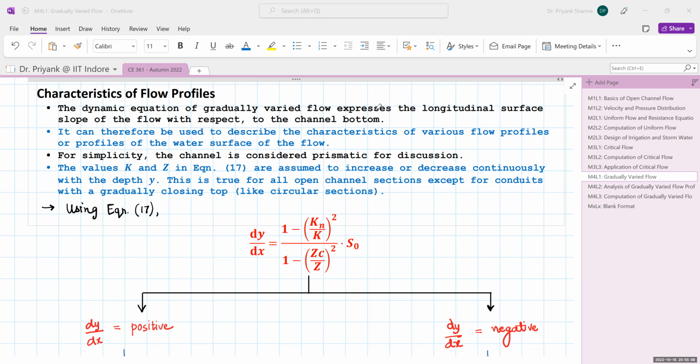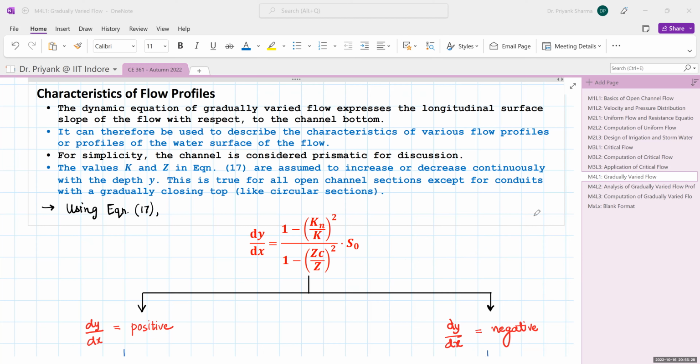So we can use this equation to describe the characteristics of various flow profiles. You may encounter that a flow is happening this way, a flow is happening this way. So there are different flow profiles possible, and we will analyze that. Now we are assuming that the channel is prismatic. So that assumption we are carrying forward.